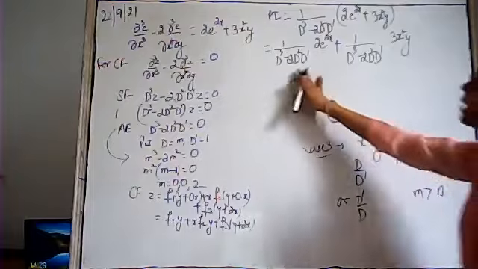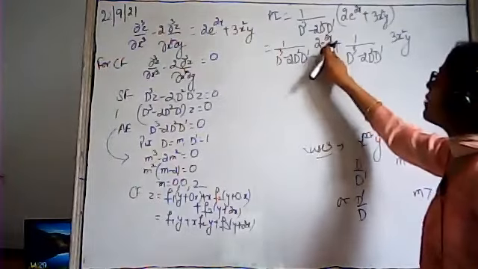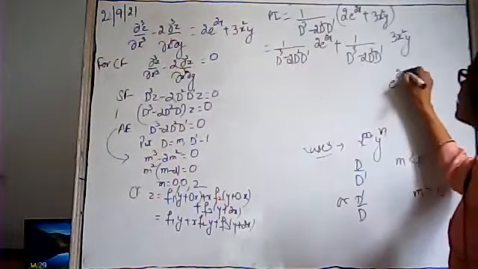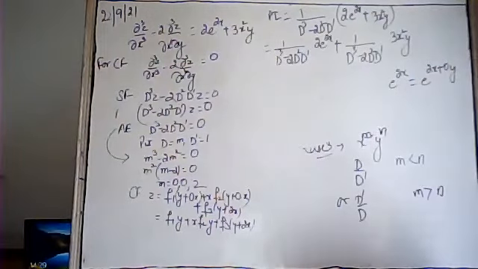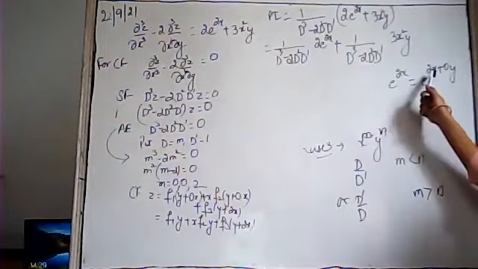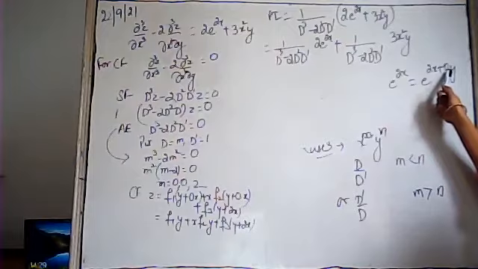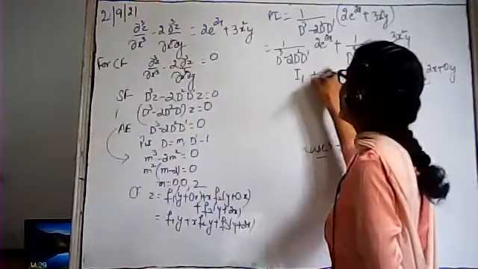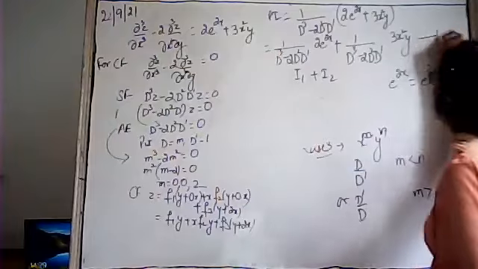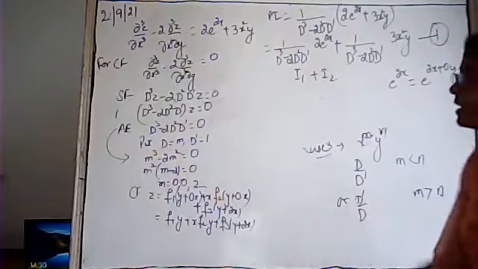ठीक है, अब यहाँ पे देखो, this is of the form e^(ax+by). e^(2x) can be written as e^(2x+0y). ठीक है, so we get the value of a as 2 and the value of b is 0. Again we can take it as I1 and I2. ठीक है, solve it separately.